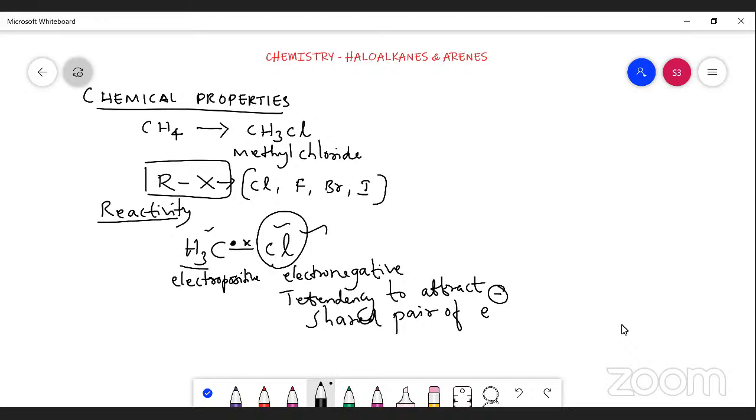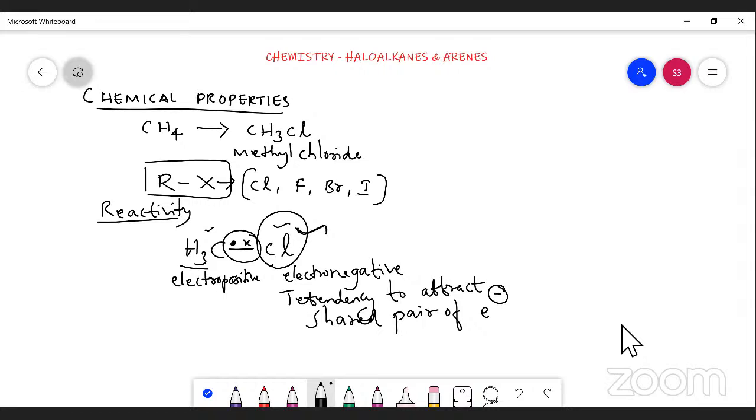Now, because of the more electronegative nature of chlorine, what happens? The tendency of attracting this is called the shared pair of electrons. Why shared pair of electrons? Because each atom has to donate an electron for the formation of a bond. So then only we can call it a shared pair of electrons.